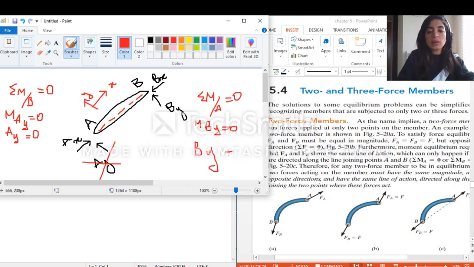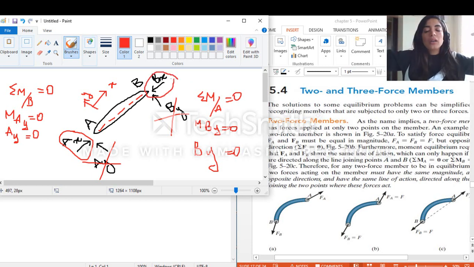So BY is equal to 0, which means, guys, that any general two-force member should only have two opposite forces having the same line of action to be in equilibrium.